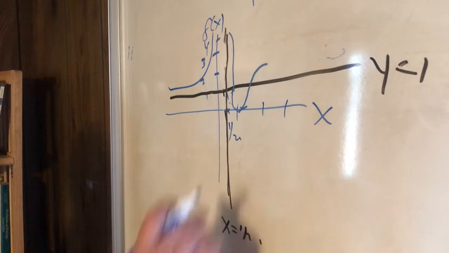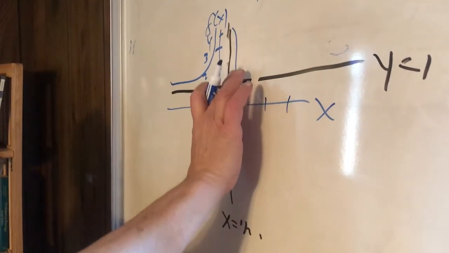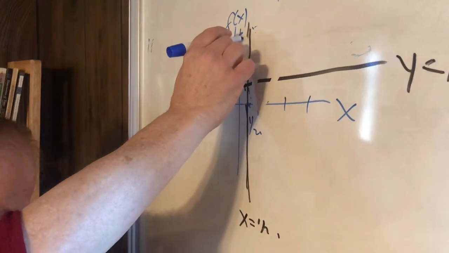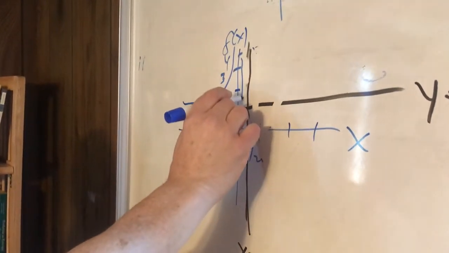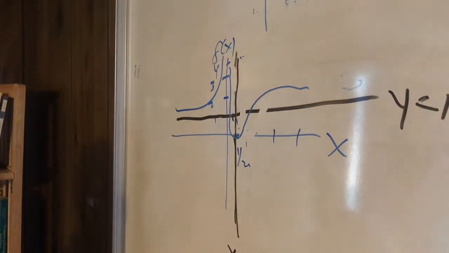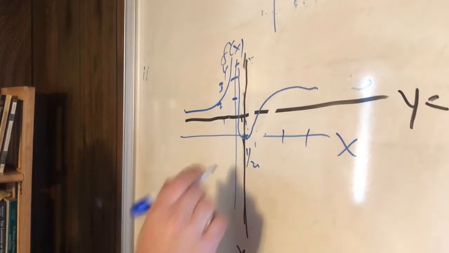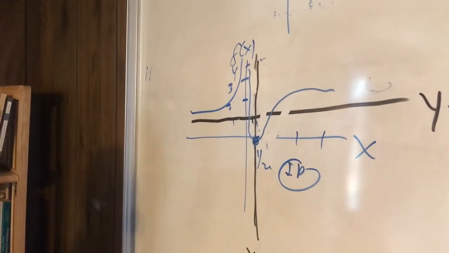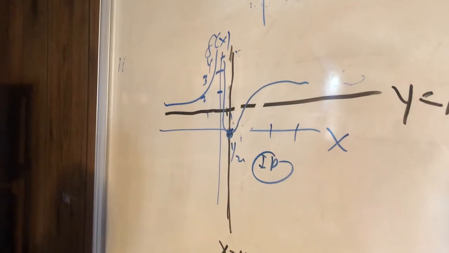Well, let me redraw that because that is wrong. So this comes down here, it hits the bottom here, and starts to change in concavity. So there's your inflection point here also.